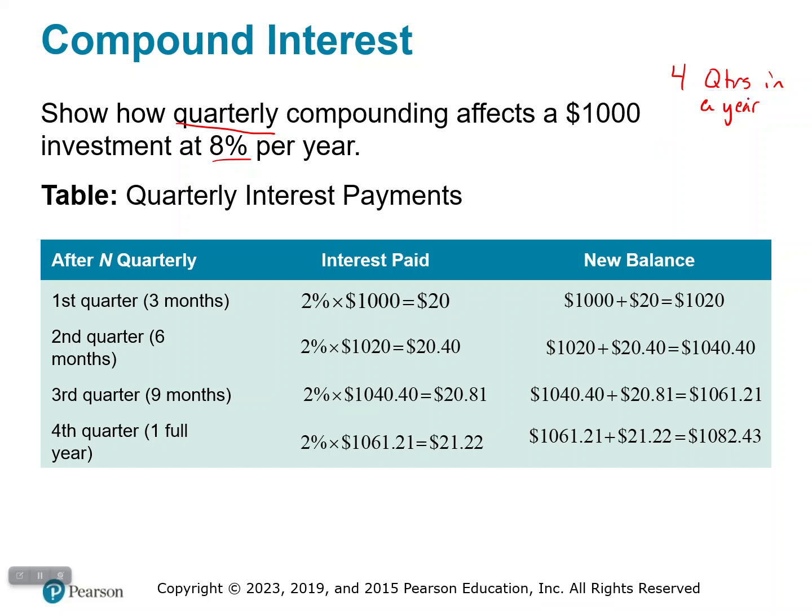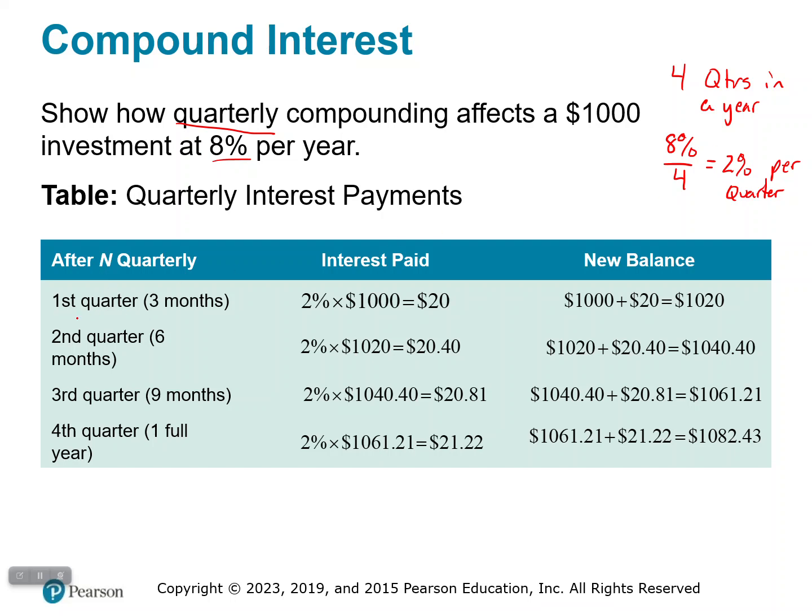But right now, all we care about is 4 quarters in a year. 8% divided by 4, that's 2% per quarter. Right? 8% interest per year, but it happens quarterly, 4 times a year. So it's like we get 2% per quarter, which should give us a total of 8% in the year.